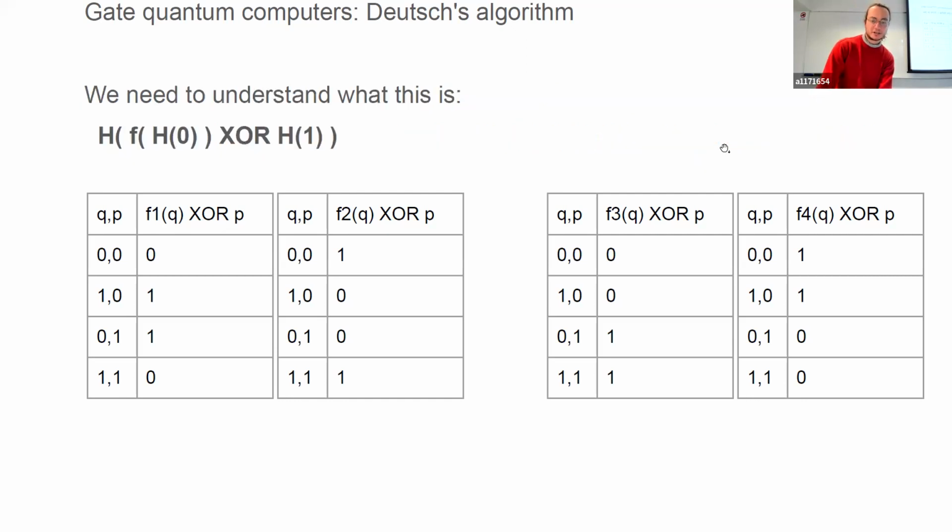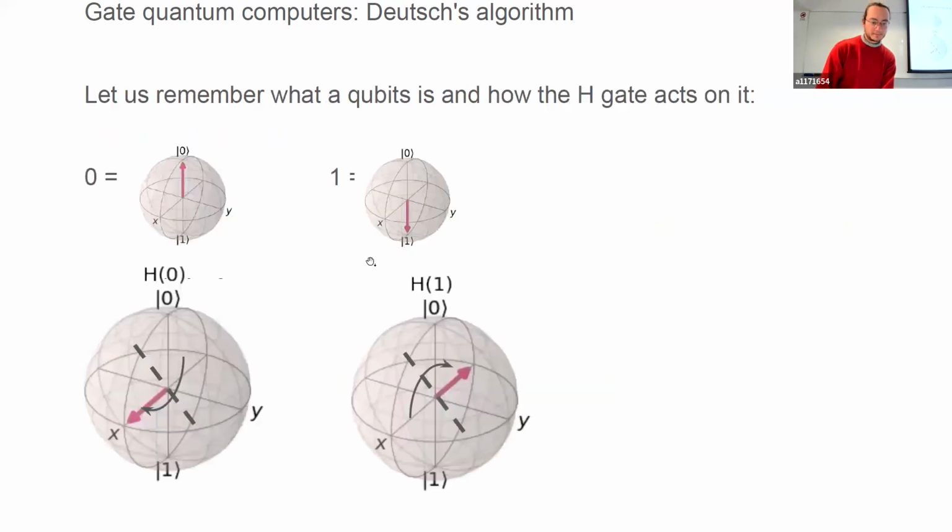So why does this work? Let's look into it. The point is we need to understand what this is, right? Because we know what F does on a state that is 0 or 1, but we don't know what F does on a state that is Hadamard of 0. Okay, let's look back at the Bloch sphere.